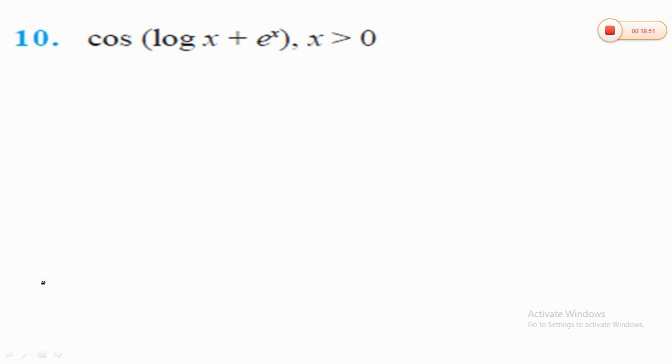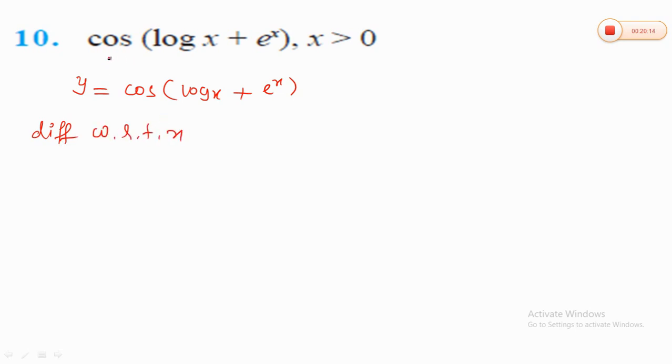Consider the problem y equal to cos of log x plus e raised to x. Cos of log x plus e raised to x. So now differentiate with respect to x.